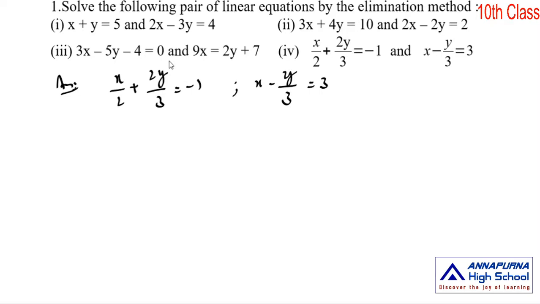Up to the third pair, all coefficients are integers. But in these two equations, the coefficients of the terms are in p by q form. Generally, in an equation, when you observe any p by q form, by multiplying the total equation by a constant, you change those p by q forms into integers.